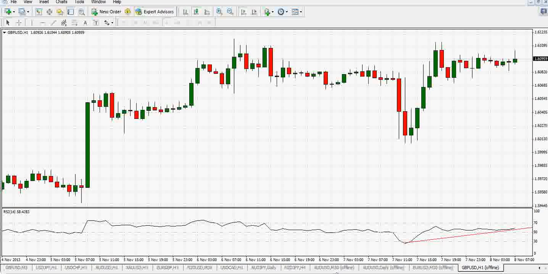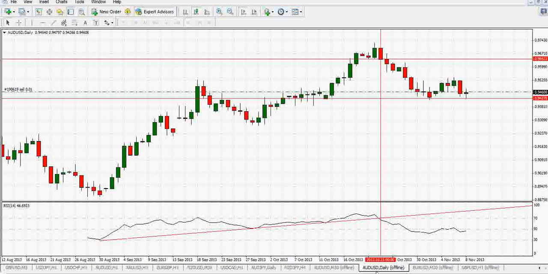For example, I will show you Aussie dollar. This is a little bit better, much better. Why? This RSI trend line connects this price level here, and this price level here. So this is 1, 2, 3 price levels.